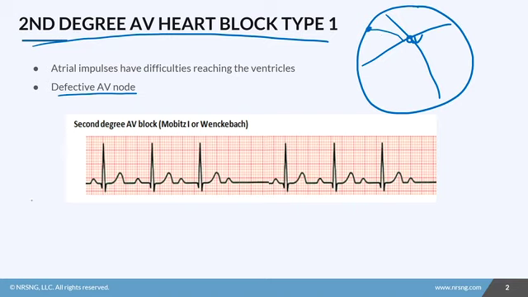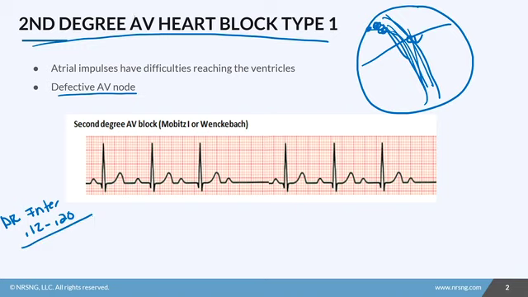This is measured with the PR interval. If you remember, a normal PR interval is from 0.12 to 0.20 seconds. That is what a PR interval is: how long it takes for the electricity to travel from the atria down to the ventricles. So again, normal is 0.12 to 0.20.